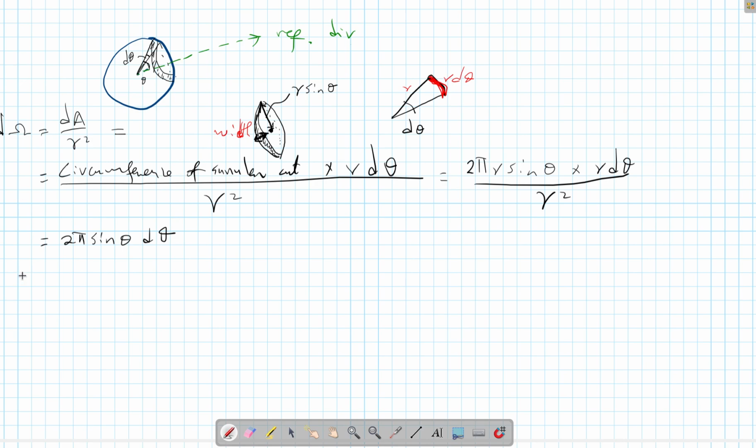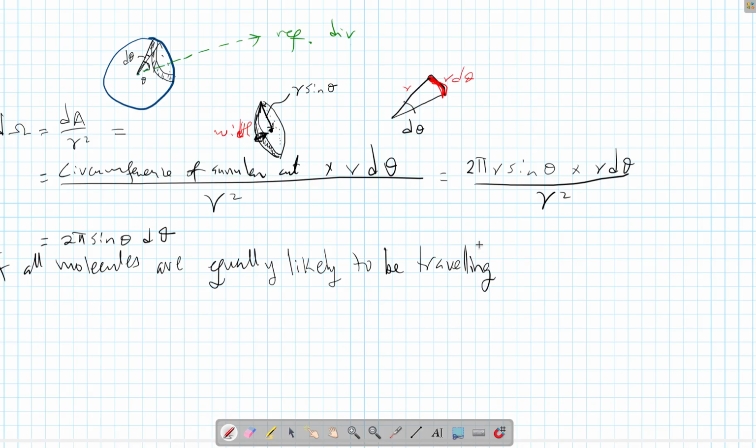We want to compute probability, so the next step is, I should explain this, if all molecules are equally likely to be traveling in any direction, so the system is completely isotropic.